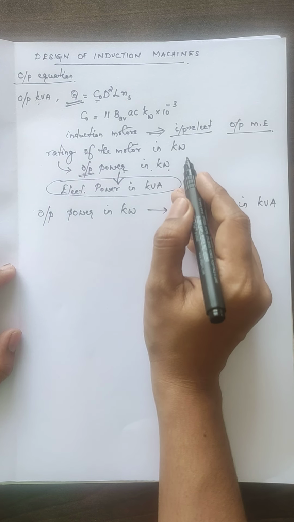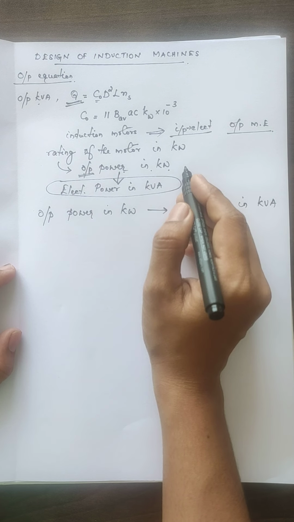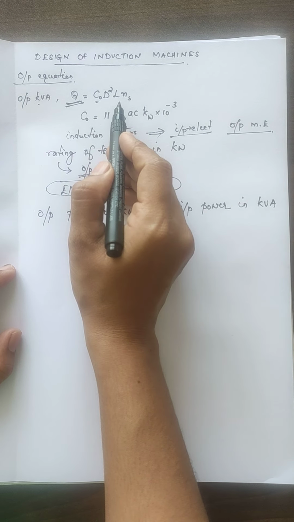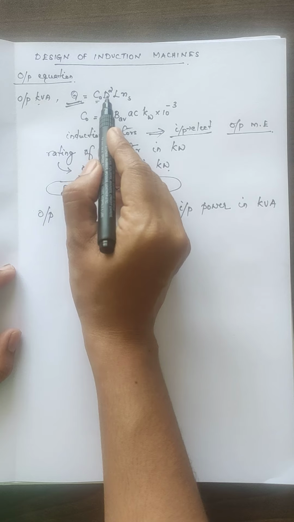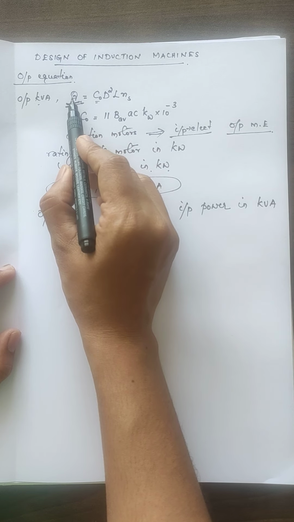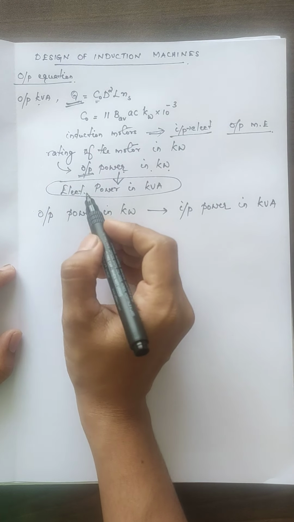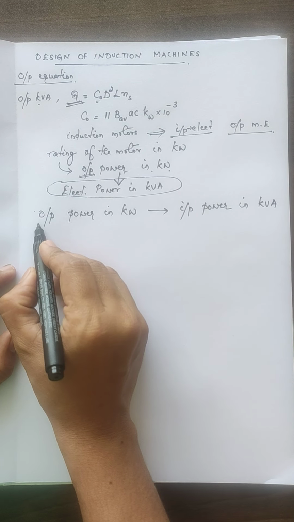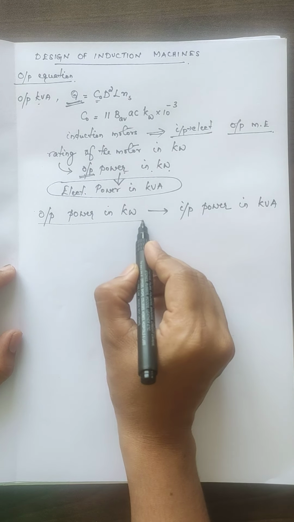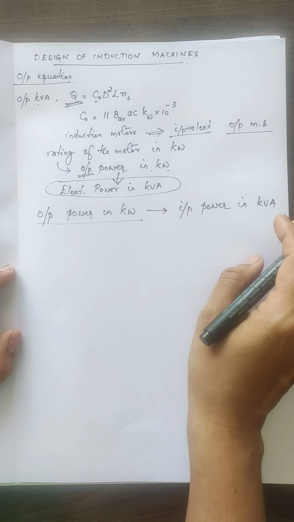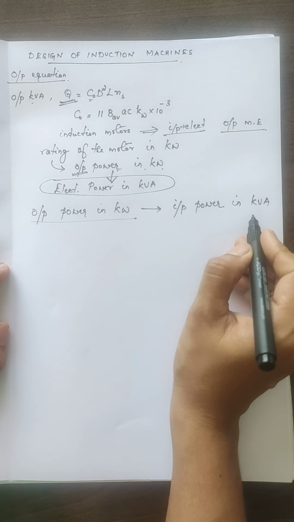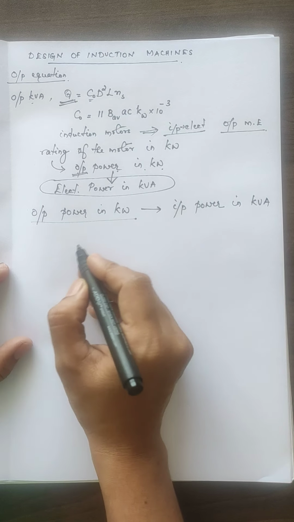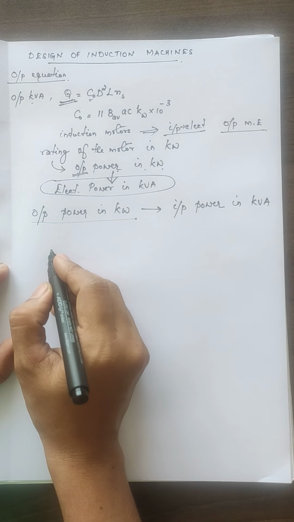But if we have to find out the main dimensions, we need to use our output equation, and in that equation the power Q represents the input power expressed in kVA. So the output power in kilowatt has to be converted to input power in kVA. How can we convert this parameter?